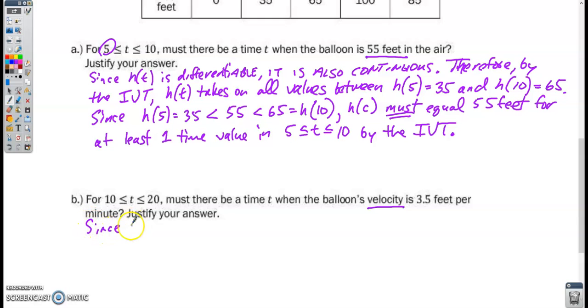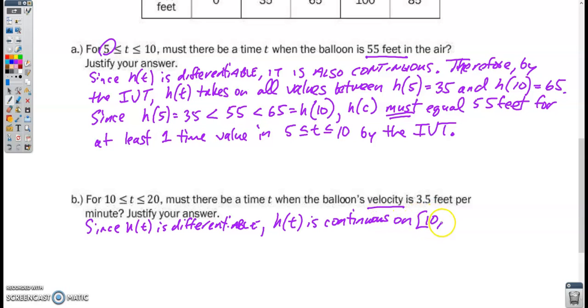Since h of t is differentiable, that tells us that h of t is continuous on the time interval from 10 to 20 and differentiable on the open interval from 10 to 20.